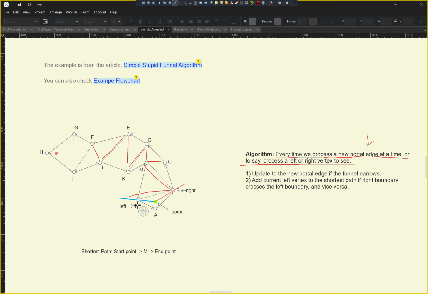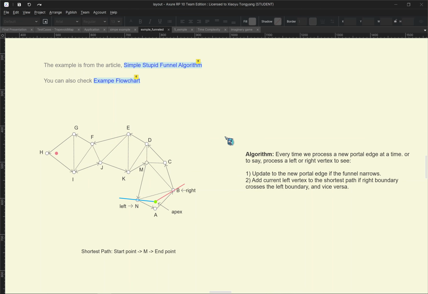And left or right vertices are the ones on the chain. So let's assume vertices on this chain are the left vertices, and vertices on this chain are the right vertices. Of course, you can flip them around.